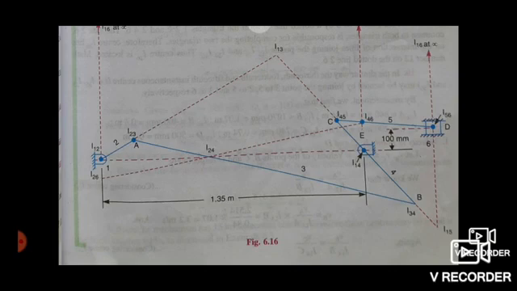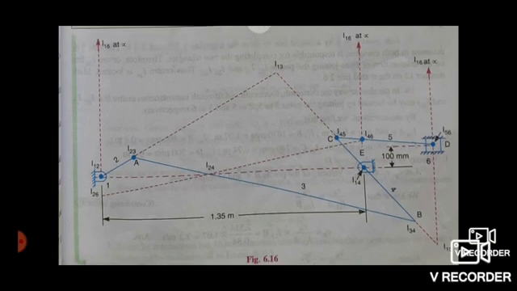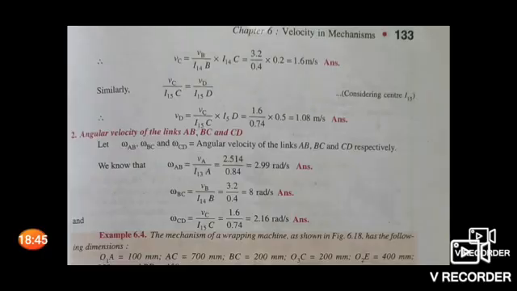So VC equals VB by I14B multiplied by I14C. So this value comes to 1.6 meter per second.